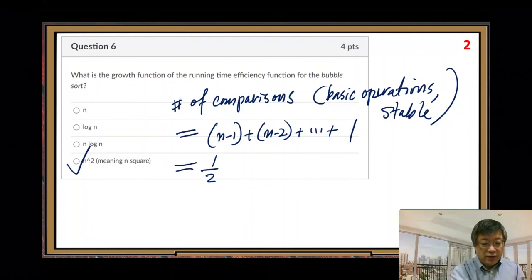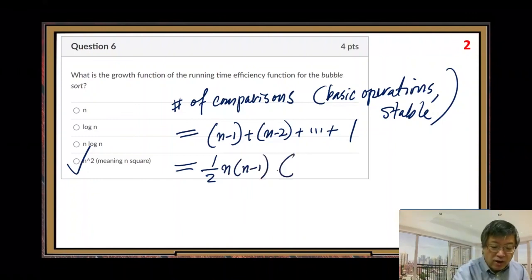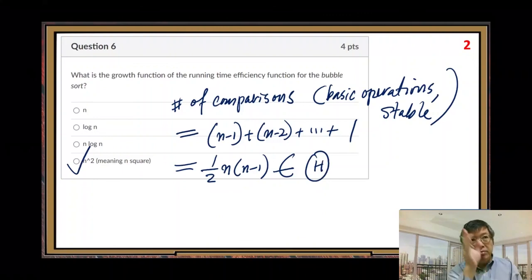Does this formula belong to big O or big theta? More precisely, we use the asymptotic notation big theta, n squared.